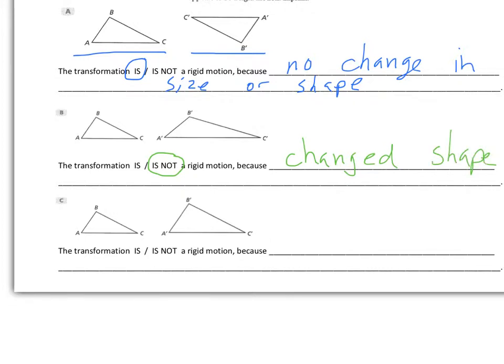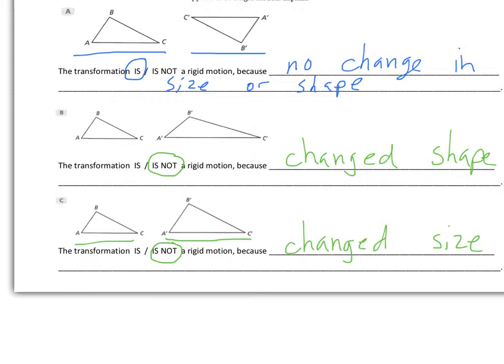I've not just moved it around, I've actually changed the shape. And see here, I have a smaller triangle in this pre-image. My image is larger. That means it is not rigid motion because I changed the size of the shape. It's the same shape, just blown up a little bit larger.